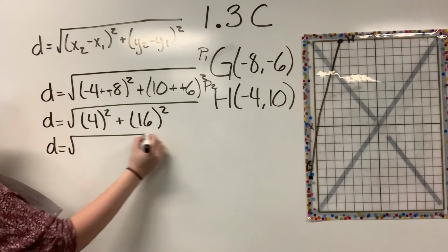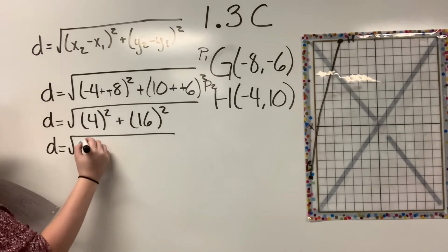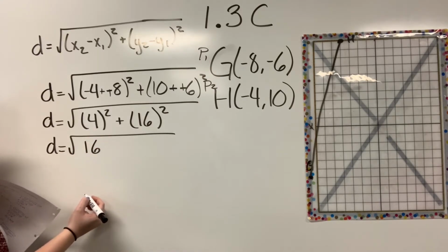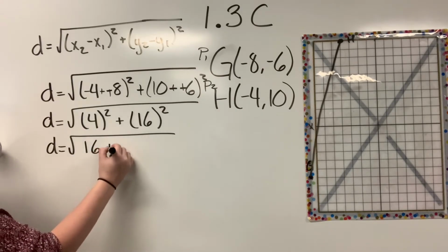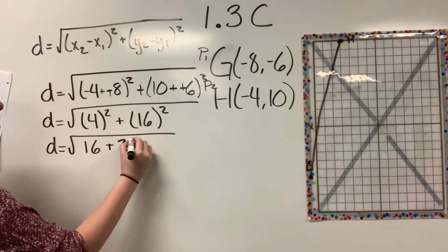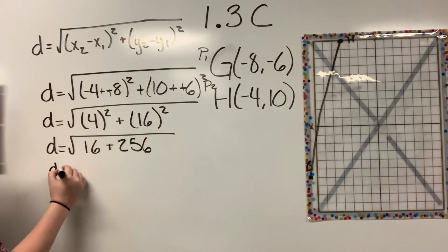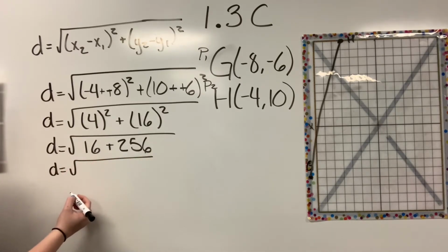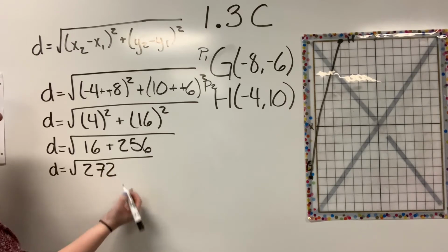Keep our D is equal to our big old square root. 4 squared, or 4 times 4, gives us a +16, plus 16 squared, or 16 times 16, gives us a 256. We keep our D is equal to the square root of 272.